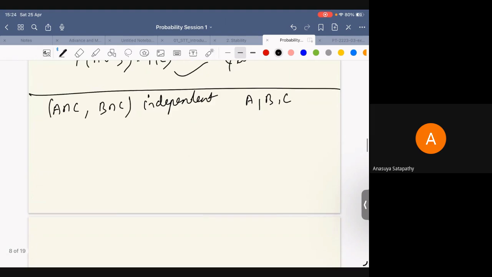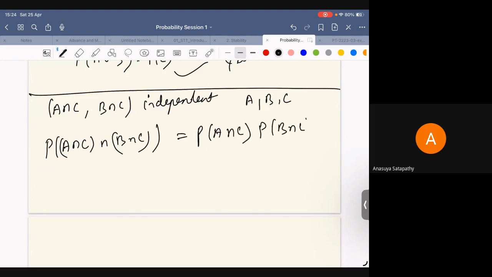Okay, so that means the probability of A intersection C intersection B intersection C must be equal to probability of A intersection C times probability of B intersection C, right? Yes, we have to prove this part.